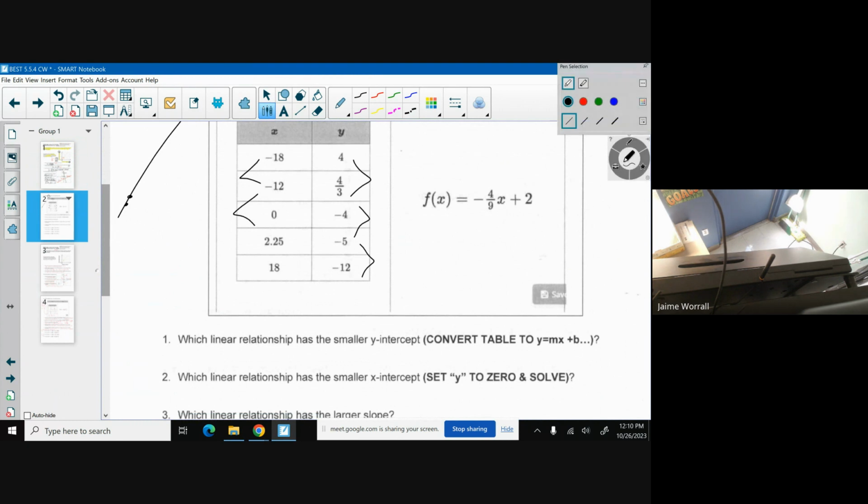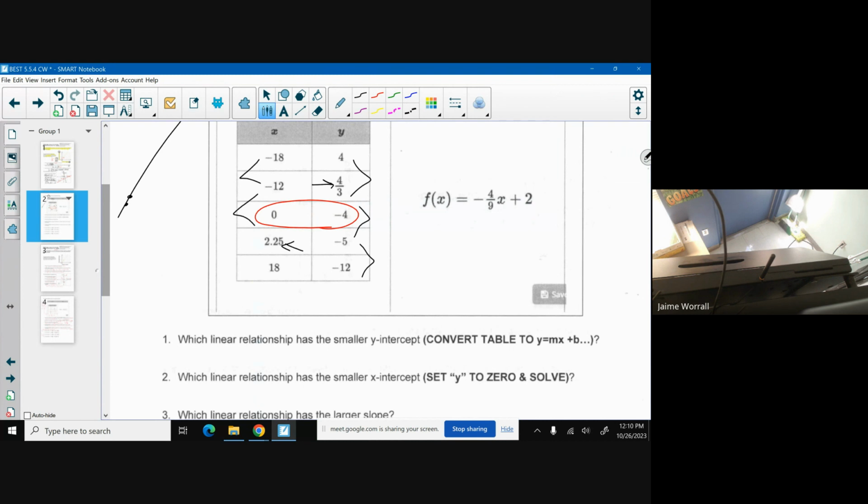First of all, I have a y-intercept. So maybe I just take 2 points, find the slope, and then create the equation for that table so I can compare apples to apples. I would stay away from things that look like decimals or fractions.